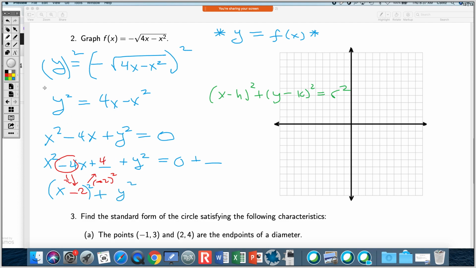And if I add 4 to one side of the equation, I'll have to add 4 to the other side. So if I think about x minus 2 squared plus y squared is 4, well, that's going to be a circle. The center is going to be what?